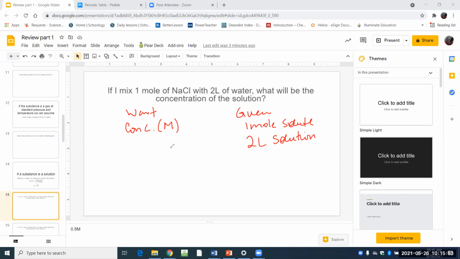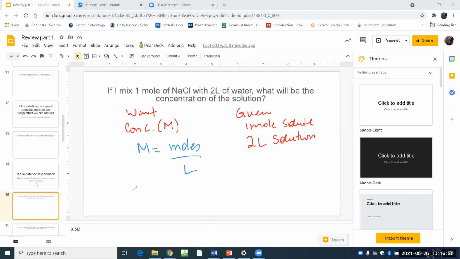All right, so once we figure this out, the second thing that we do is put in the formula, moles per liter. I suggest that you work through these problems very methodically, step by step, no matter how much you think you know it. It just keeps you from making mindless mistakes. Then your third step is plug it in.